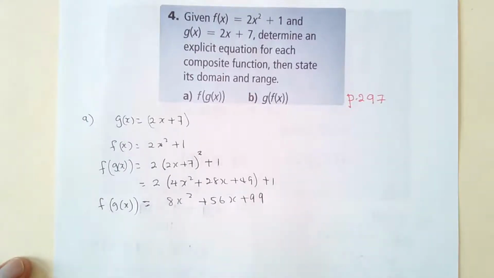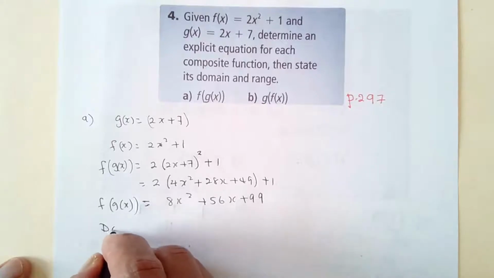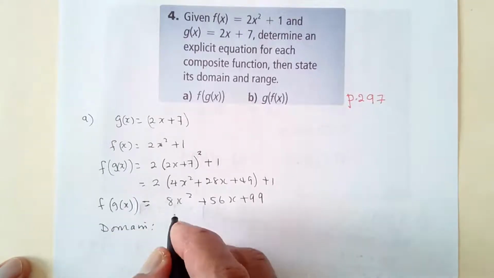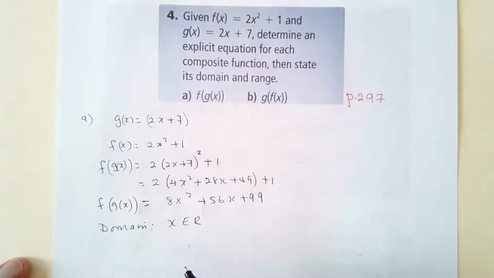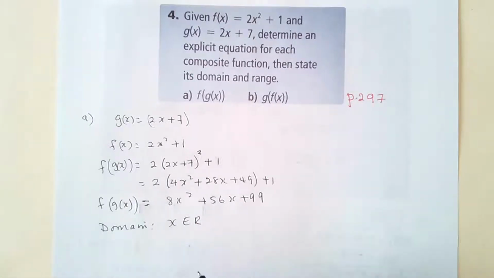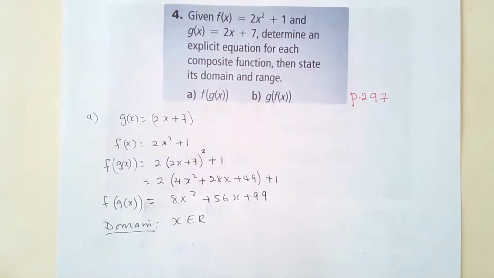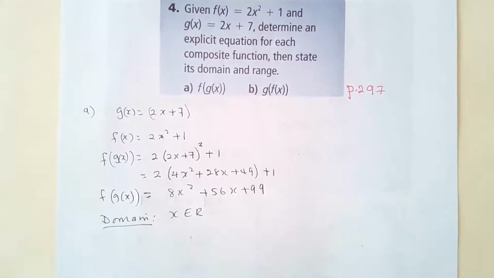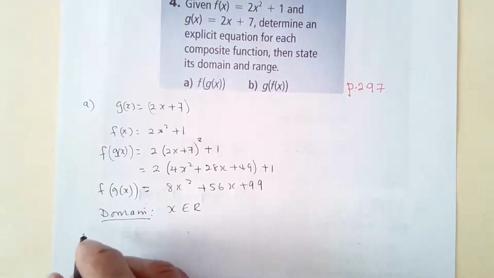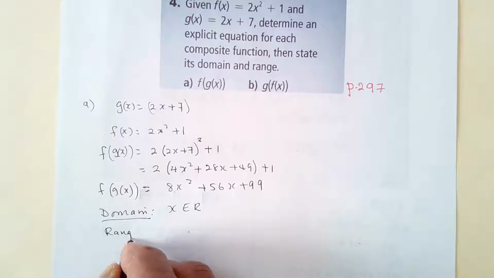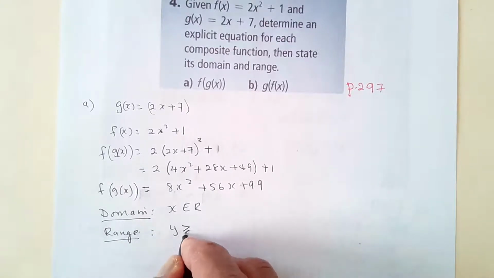Notice this is a quadratic, so the domain will be x, the set of real numbers. And if I were to work this out, input it into a graphing calculator, or even complete the square, we'll find that the range is y is greater than or equal to 1.